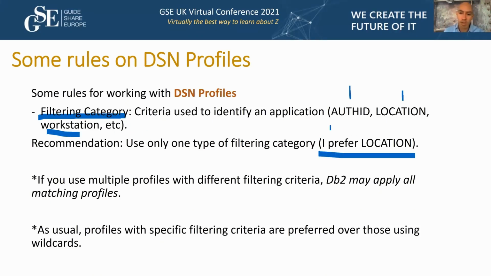I usually work with location. Only use one type because DB2 is going to match as much as it can. So if you define 5 different profiles with 5 different categories and they all match, you will have no idea what just happened. And yes, they do accept wildcards, but please do not use them. Always be specific.